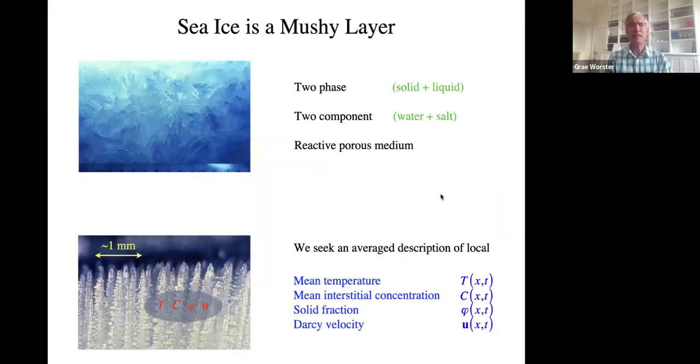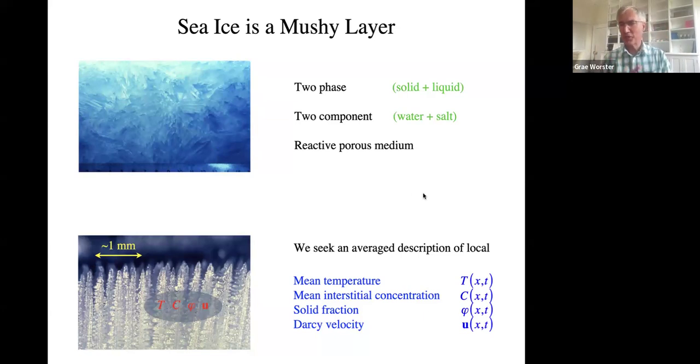And that leads us to the idea of a mushy layer. A mushy layer, like sea ice, comprises solid, in this case solid ice, platelets, and very intimate liquid in between the ice crystals. So it has two phases, solid and liquid, has two components. We're thinking about water and salt, and it forms a porous medium, like a sponge.